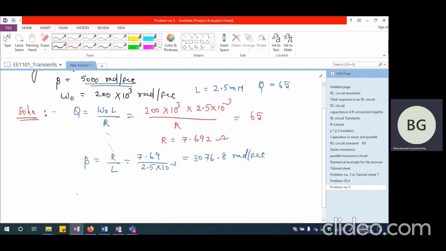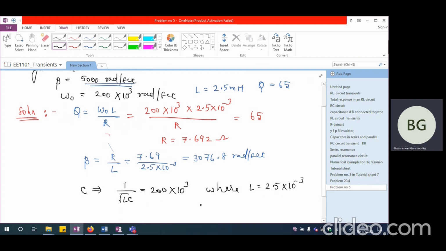We can calculate C as well. C can be calculated with 1 by root LC equal to 200 multiplied by 10 power 3, where L is equal to 2.5 multiplied by 10 power minus 3, from which C can be calculated.